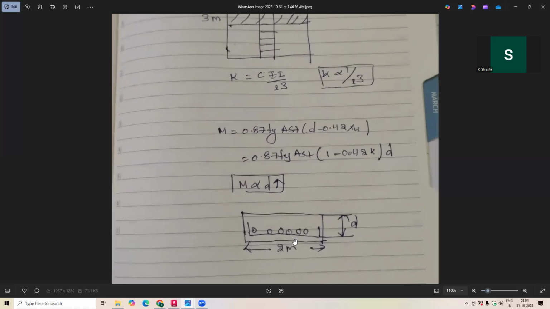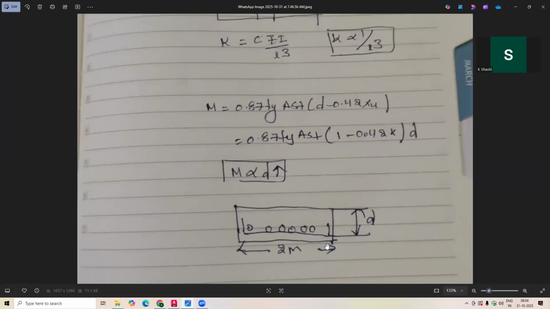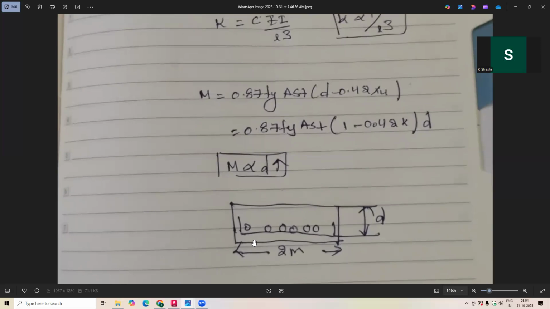Coming to effective depth, in order to increase it, if I place the bar parallel to the shorter span first, the effective depth increases. Why? Because the effective depth in this case is total depth minus clear cover minus half of the dia of the bar parallel to the main reinforcement, which is parallel to 2 meters.